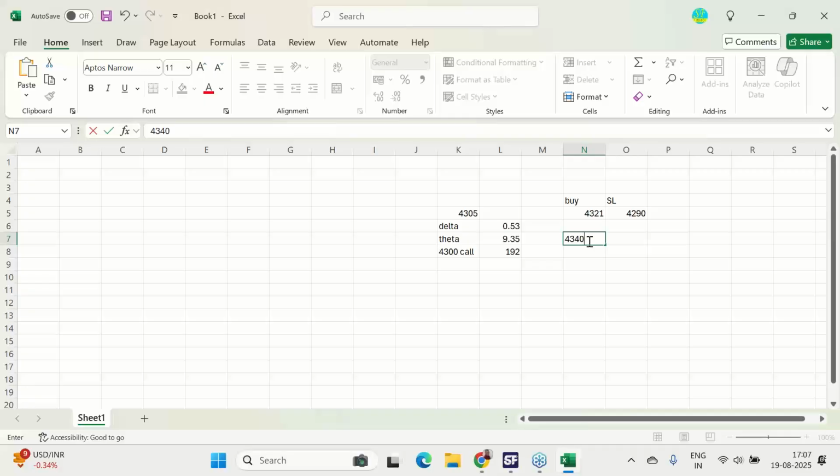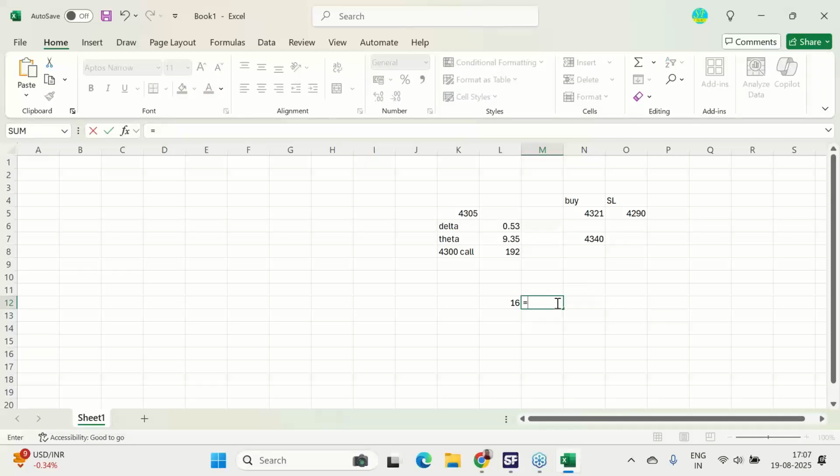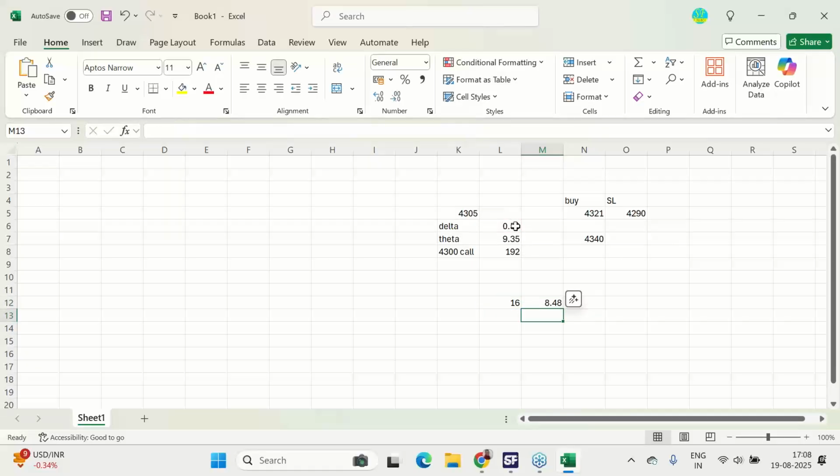So how should we calculate these terms? Now it is 4305, we have taken an estimate, and we are going to buy at 4321, so we are 16 rupees away from the buy entry. The option is 192. Here we multiply by the delta, 0.53, which gives 8 rupees 48 paisa.